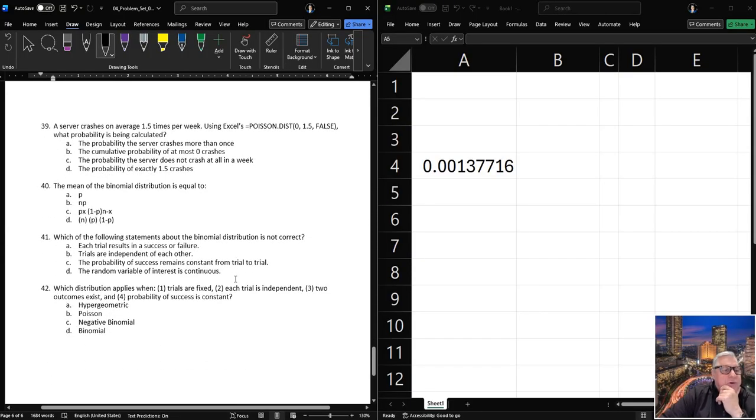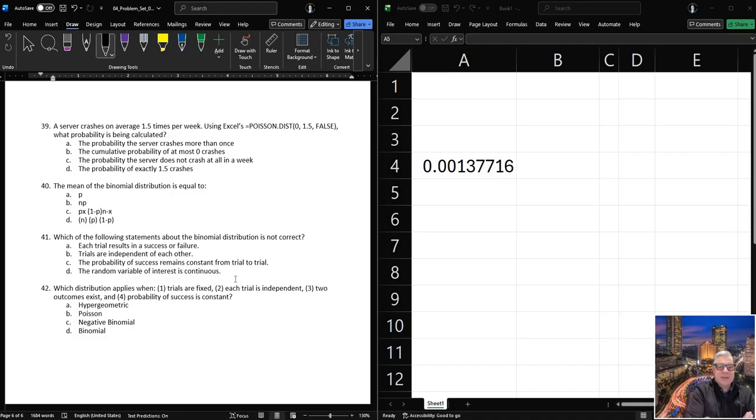A server crashes on average 1.5 times per week. Using Excel's POISSON.DIST with 0, 1.5, false, what probability is being calculated? The probability that the server crashes exactly once, at most 0.